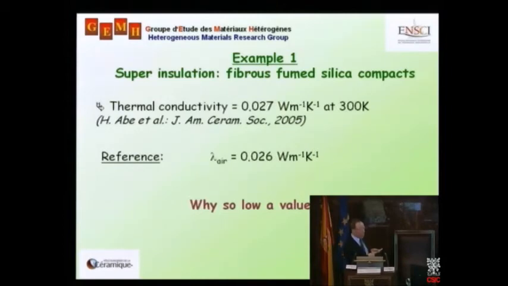And I believe there is an industrial product which gives a performance which is somewhat similar. The thermal conductivity of this material is about 27 milliwatts per meter per Kelvin, at room temperature, which is really very, very low, because the value of air is 26. So this is a very high-performing material. So the question is, why is there such a low value?